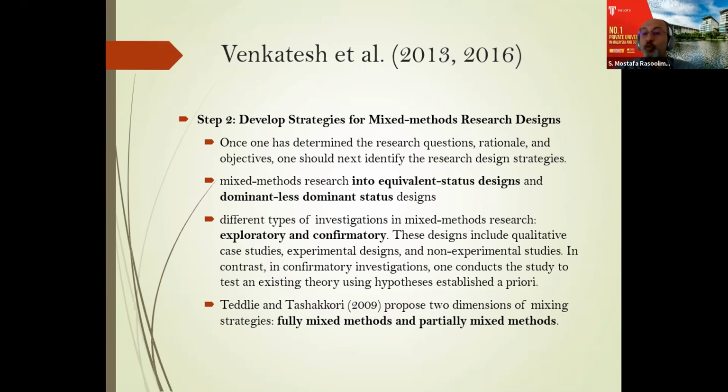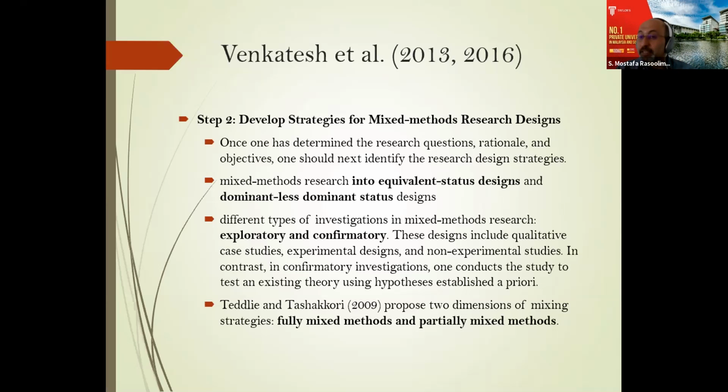So mixing of qualitative and quantitative happens throughout the whole research process, but sometimes partially. Our research objective looks only quantitative, and then in the data collection and analysis stage, we use both qualitative and quantitative.